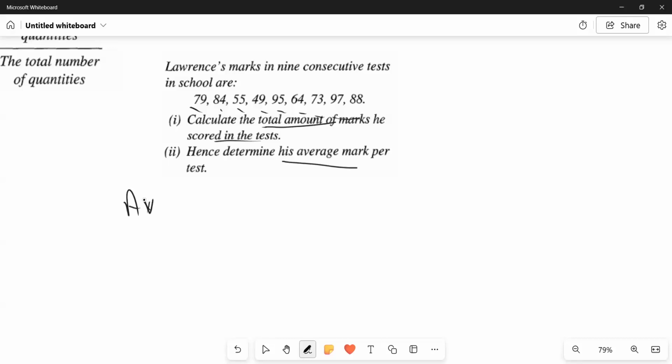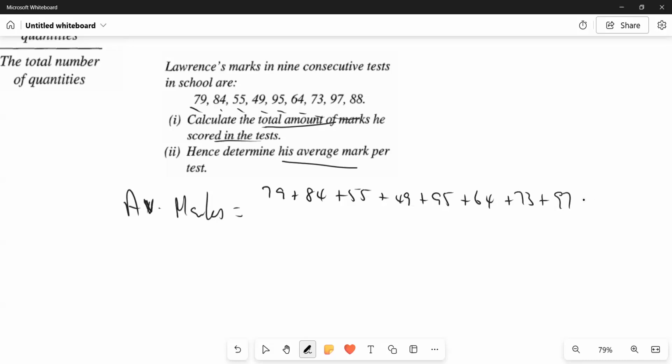This average is a good measure of how you're doing overall. Average marks is equal to 79 plus 84 plus 55 plus 49 plus 95 plus 64 plus 73 plus 97 plus 88, divided by 9.